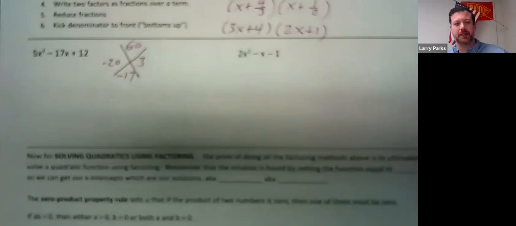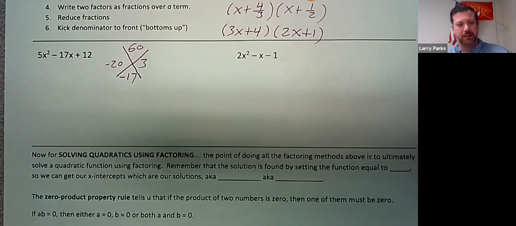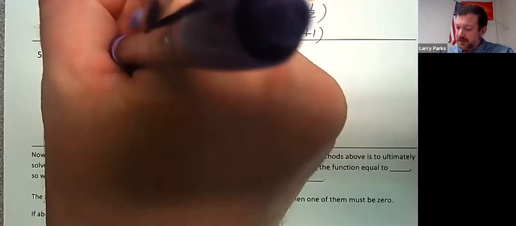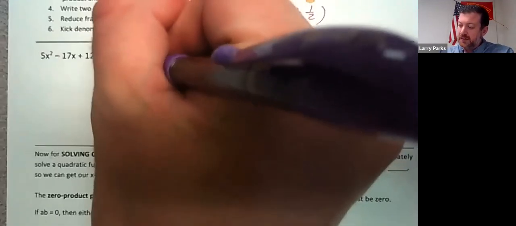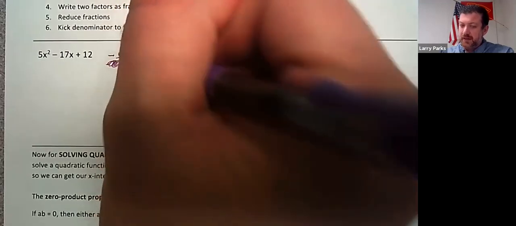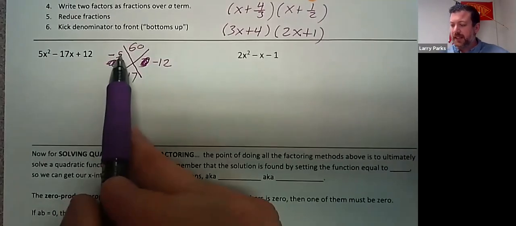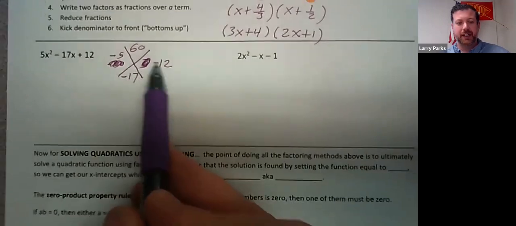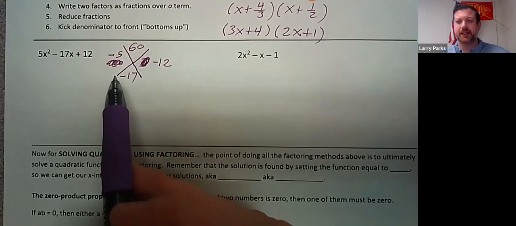So let me play around with the numbers. They're going to have to both be negative. 60 divided by 4? No. 60 divided by 5? There it is. I'm glad I stopped myself. It's actually negative 5 and negative 12, because negative times negative is positive, negative plus negative, in this case, is negative.